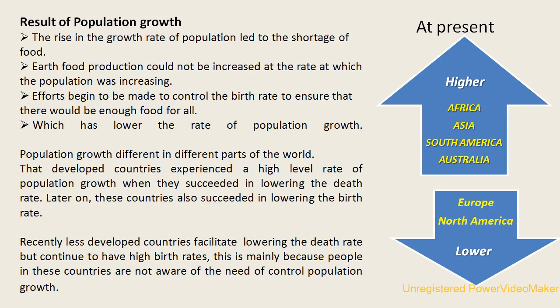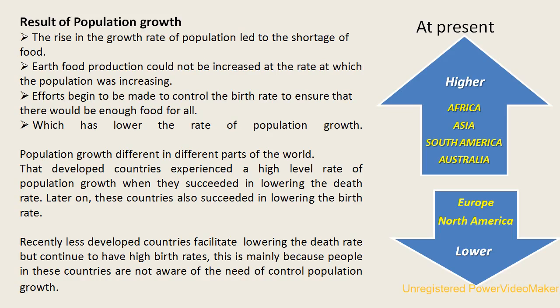Recently, less developed countries have succeeded in lowering the death rate. The number of deaths decreased, but some of the countries were not able to reduce their birth rate. What happened? The population increased at a higher rate.